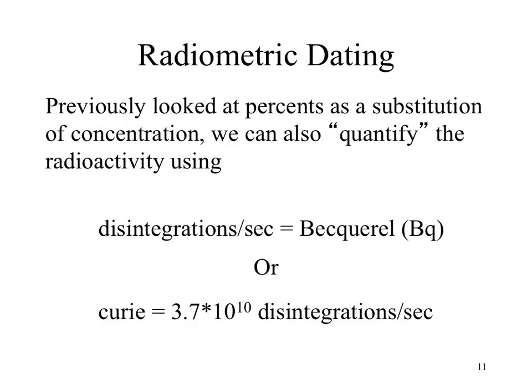Okay, so how do we do that? That's where we come up with Geiger meters, which really should have been shown earlier. We've built an instrument that will monitor different radiation signals and look for the number of radioactive particles. So what we're looking at here is disintegrations per second. A new unit that we can use for N, or even N sub T, instead of giving you molarity or percents or numbers of atoms, is disintegrations per second.